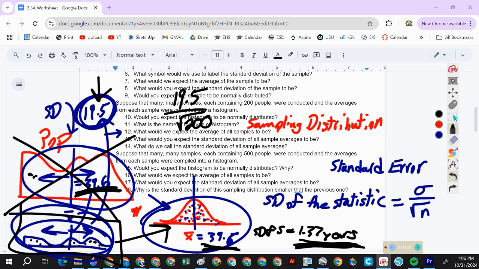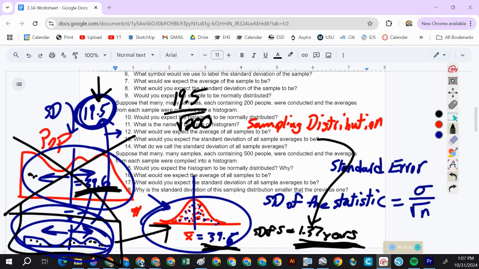All right, so 13 is 1.37. What do we call that number? The SD of the statistic. All right. Suppose that many, many samples, each containing 500 people, were conducted, and the averages from each sample were compiled into a histogram. Would you expect this histogram to be normally distributed?